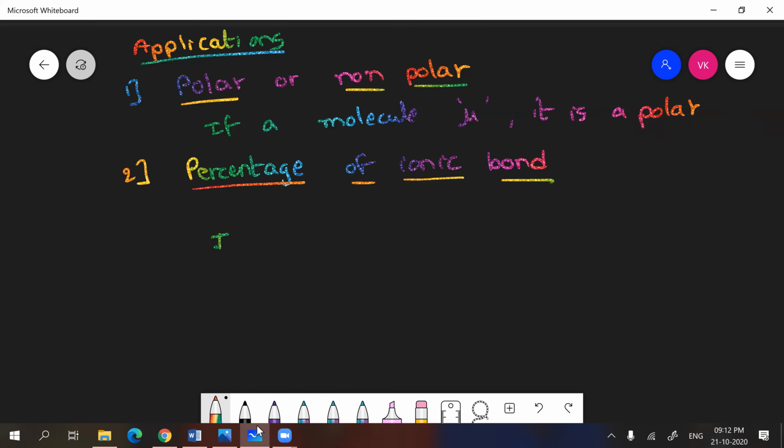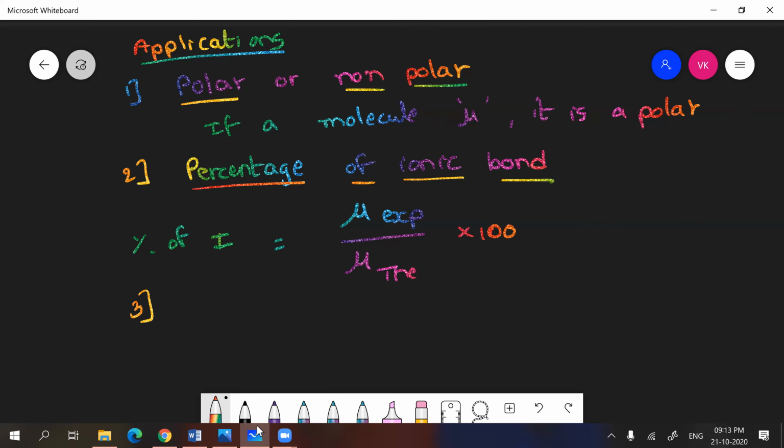So the percentage of ionic character is equal to mu experimental value, meaning the dipole moment value experimental, divided by the theoretical value, times 100. If you use this formula, you can calculate the percentage of ionic bond. Even though it's a covalent bond, there exists some percentage of ionic bond, and that can be calculated with the help of this.